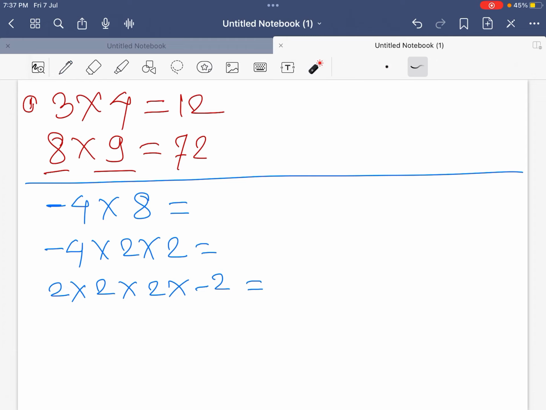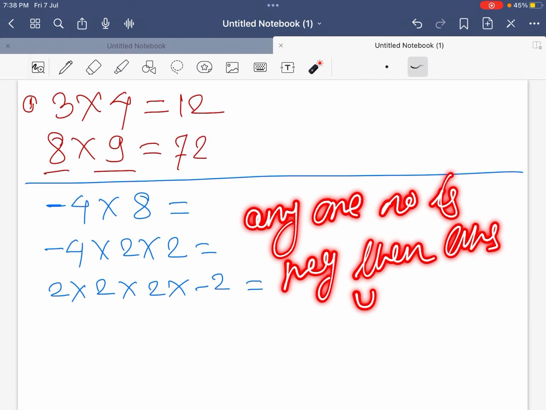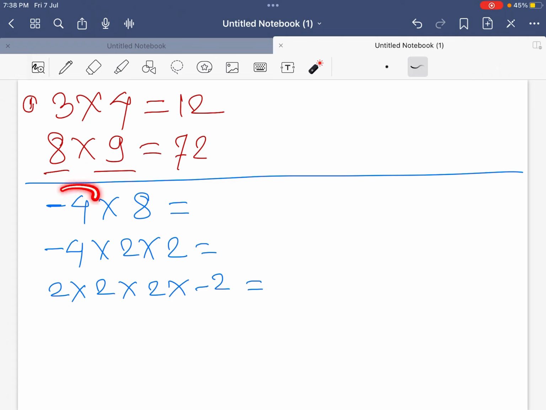Clear? So here one term is negative, in the second example one term is negative, and here also one term is negative. So in this case we have to keep in mind, if any one number is negative, then the answer is negative. Clear? If any one number is negative, your answer is also negative.